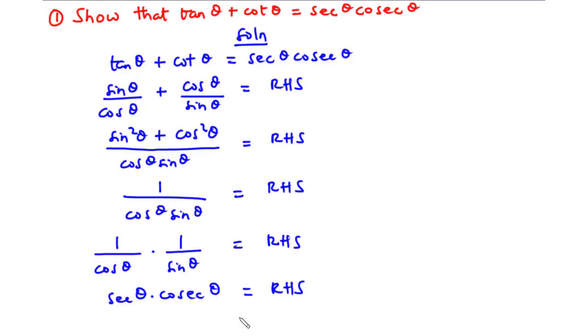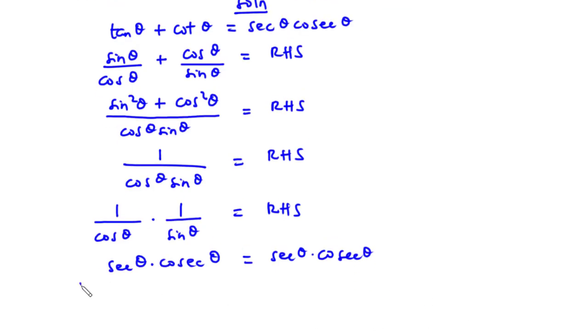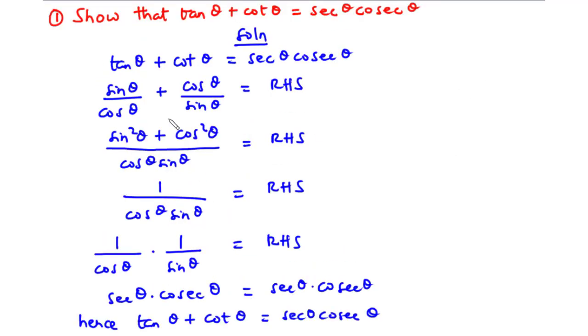Now, on the right hand side, we have sec theta cosec theta. So we can just write that here. Hence, we say that tan theta plus cot theta is equal to sec theta times cosec theta. Hence, the proof.